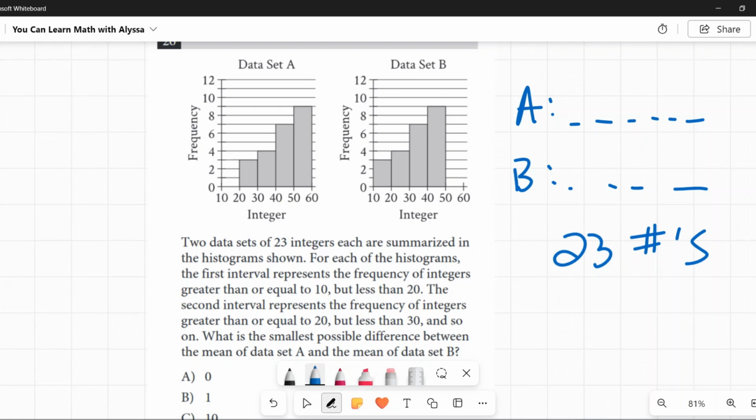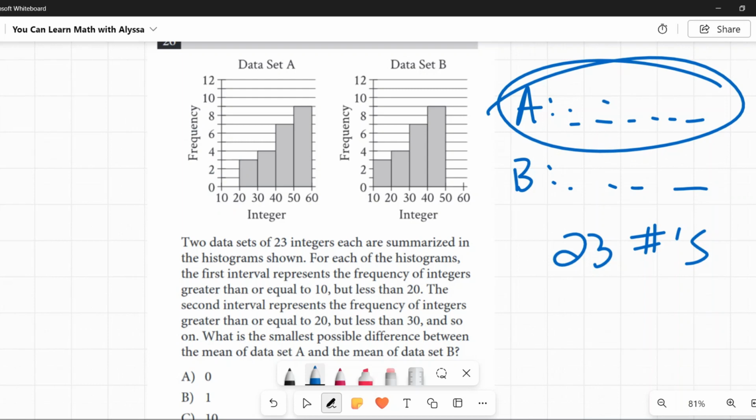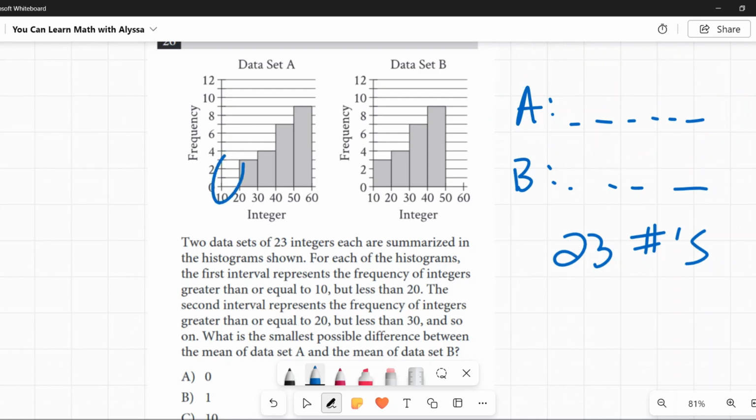So when they say the first interval, it means this first area here, which represents the frequency of integers greater than or equal to 10 but less than 20. Right here, they looked at data set A, at all these 23 numbers, and asked how many are between 10 and 19. They didn't find any, so they didn't put anything there.